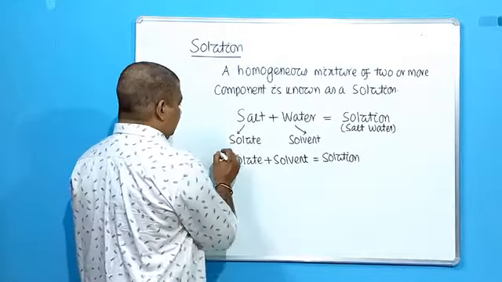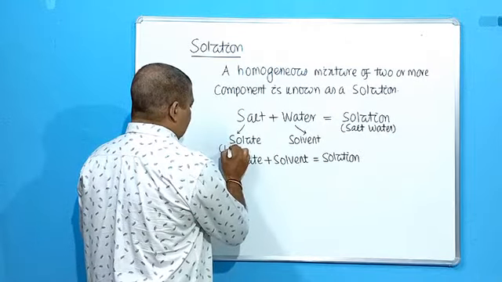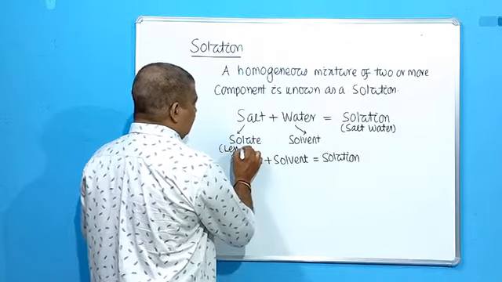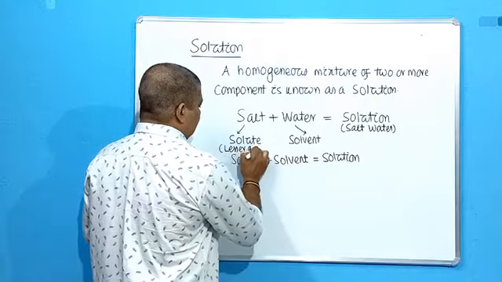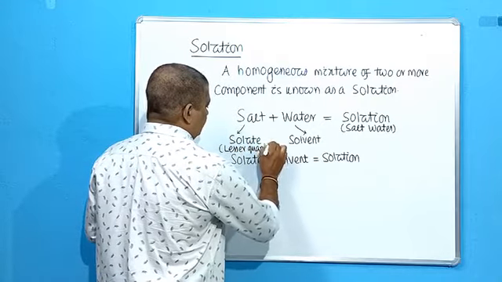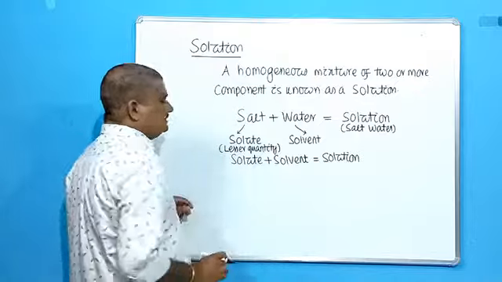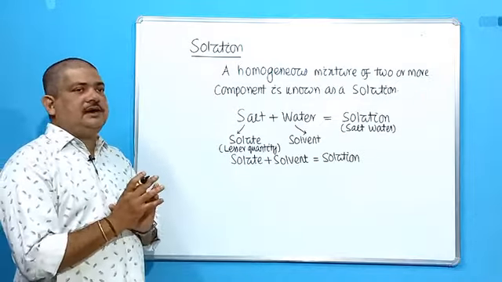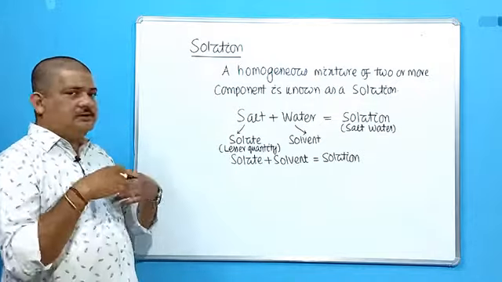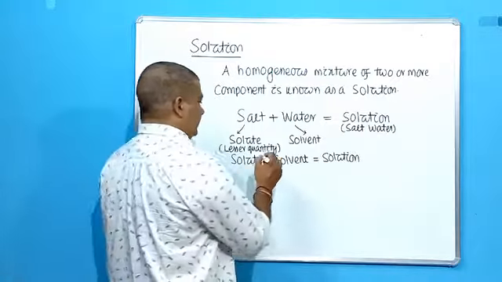Another rule is there. Whatever component is present in lesser quantity or lesser concentration is the solute, and whatever is present in higher quantity or higher concentration is always the solvent.